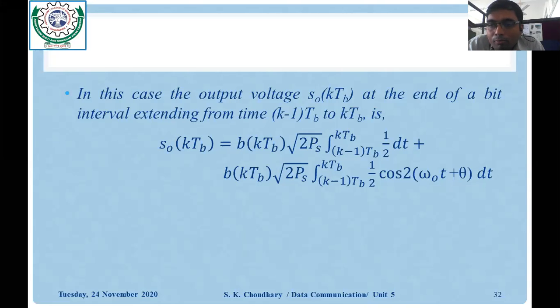Because this signal is available at the input of the integrator, B(t) square root of 2 Ps cos squared (omega naught t plus theta), and cos squared would be further expanded as 1 upon 2 plus 1 upon 2 cos(2 omega naught t plus theta). So the first term is the DC component, plus B(kTb) square root of 2 Ps, with the same limits of integration, 1 upon 2 cos(2 omega naught t plus theta) dt.